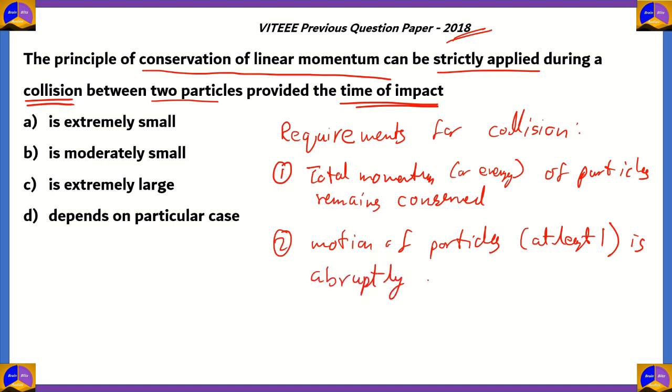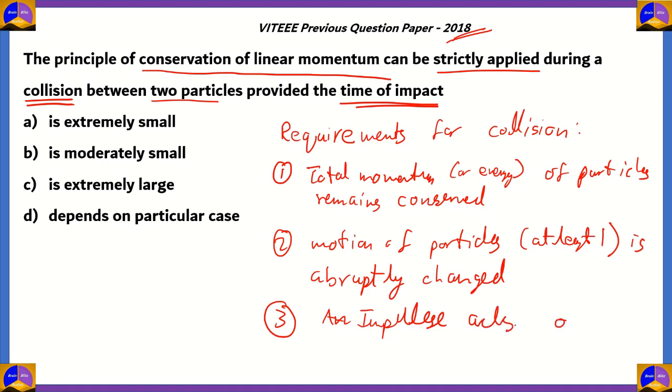So if the motion of a particle is abruptly changed in an interaction between two particles, then that fulfills one requirement for collision. And the final requirement, an impulse acts on each colliding particle.